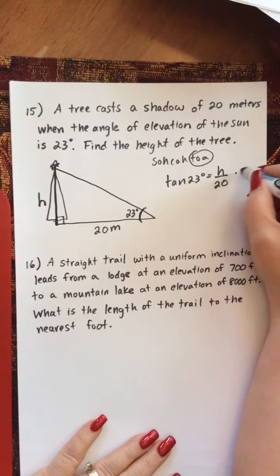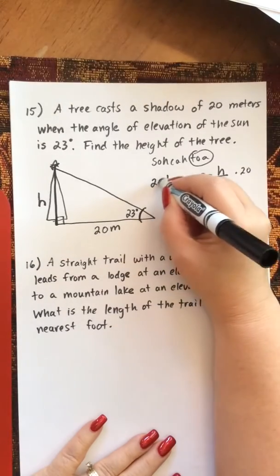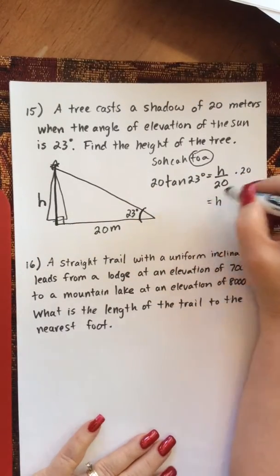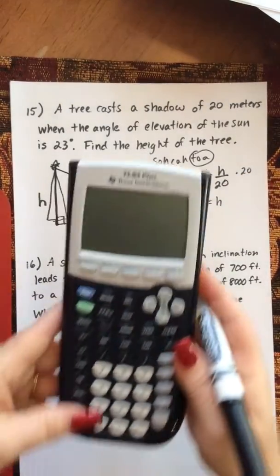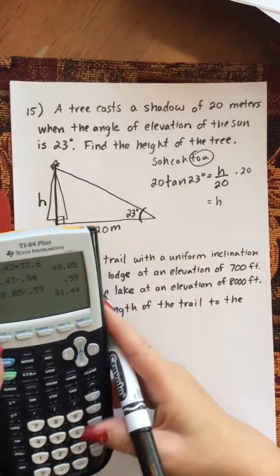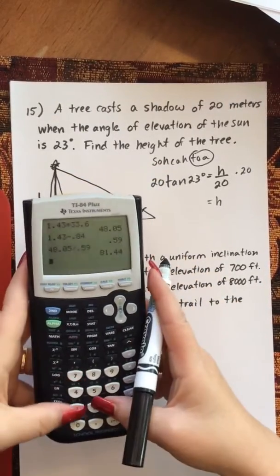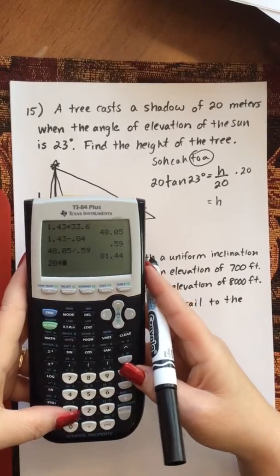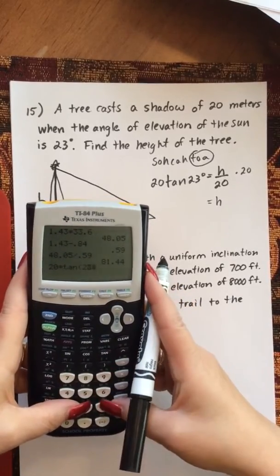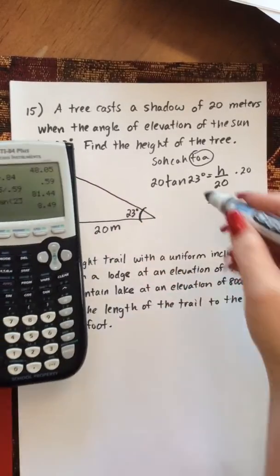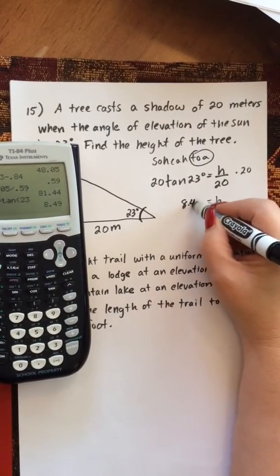So to solve this problem, I just multiply both sides by 20. So I get the height of the tree is 20 times the tangent of 23 degrees. So I say 20 times tangent of 23, and I get 8.49.